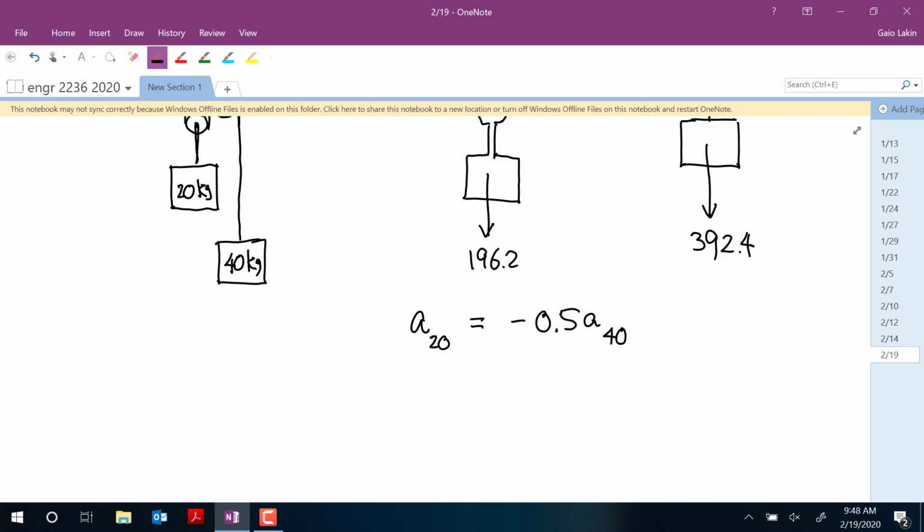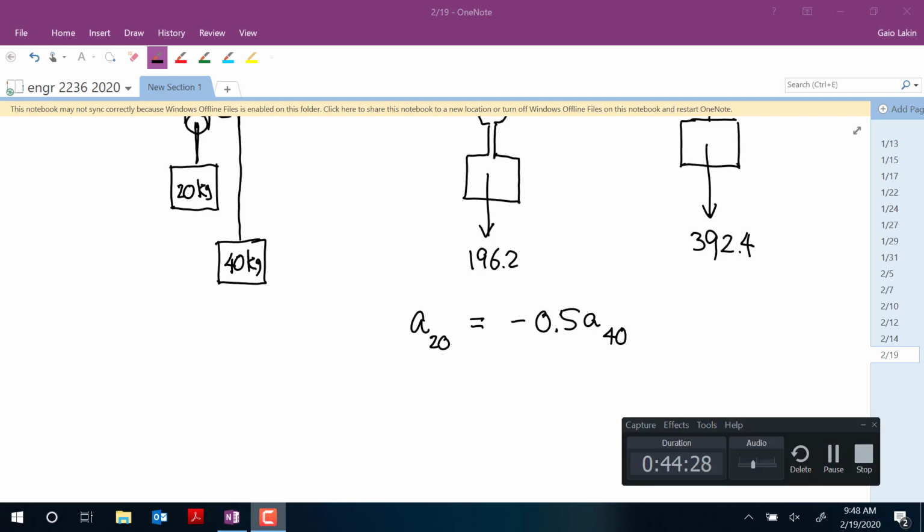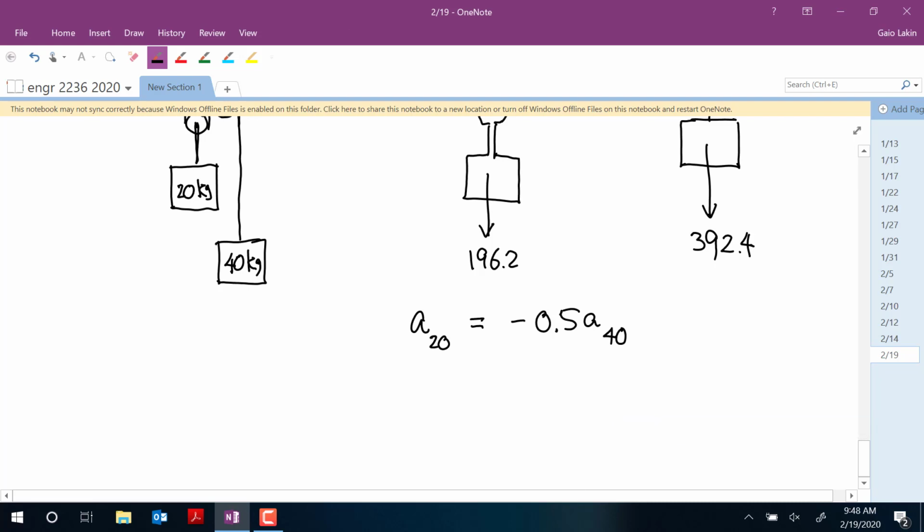Any questions about that? Because one's going up and one's going down.